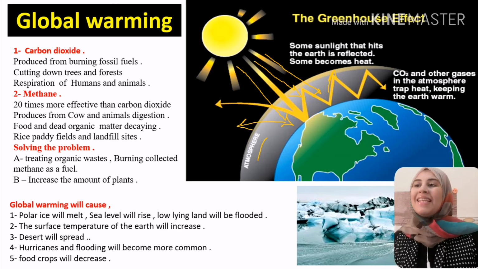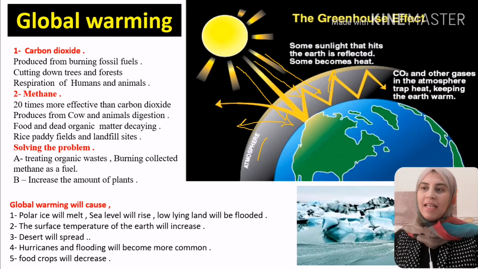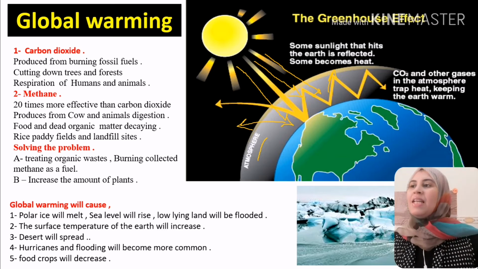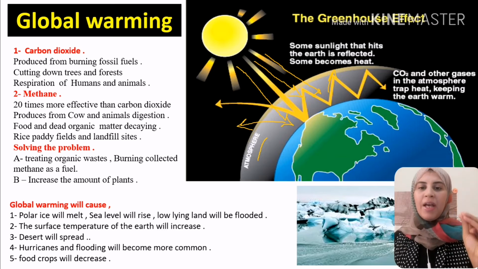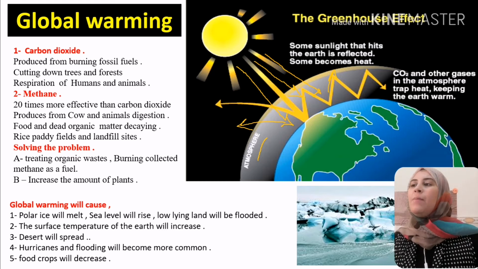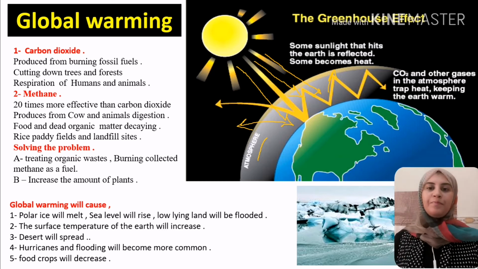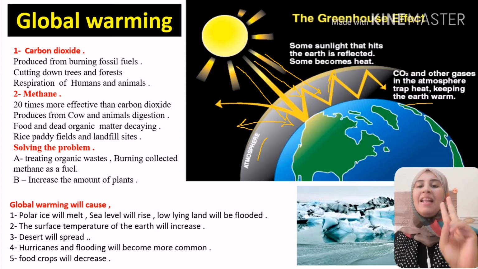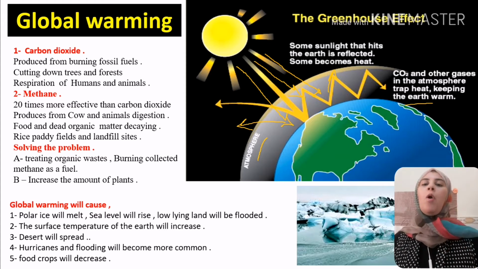Some sunlight that hits the earth is reflected and becomes heat. Carbon dioxide and mainly methane in the atmosphere trap heat, keeping the earth warm. So two gases are mainly responsible for global warming.